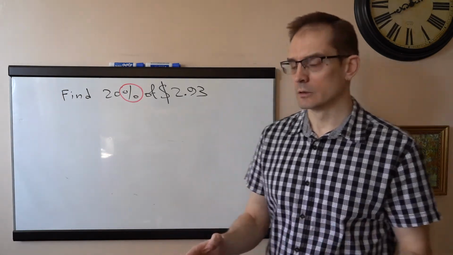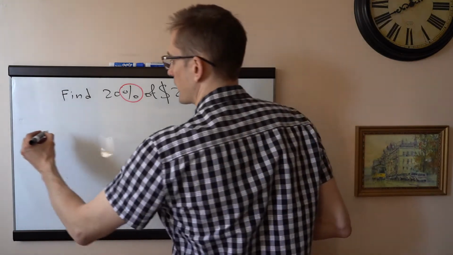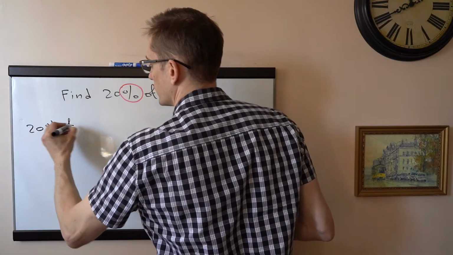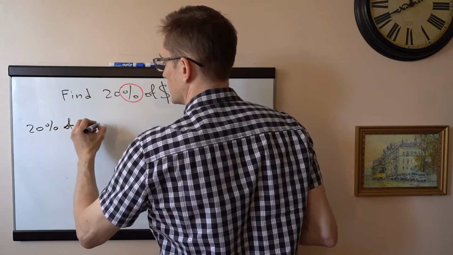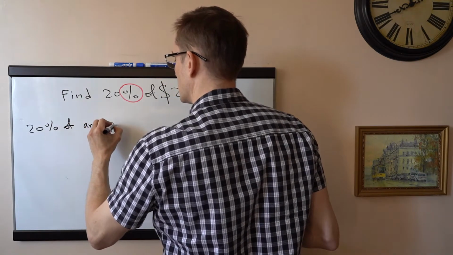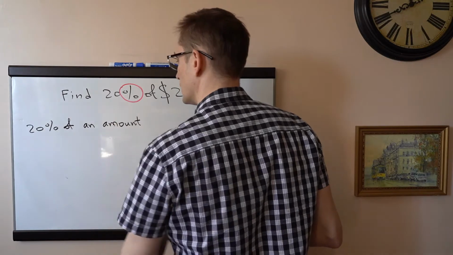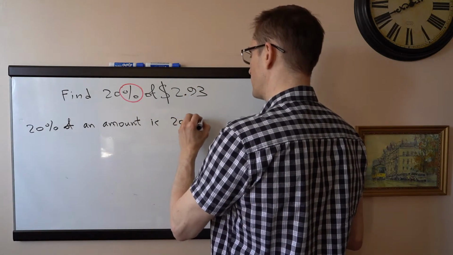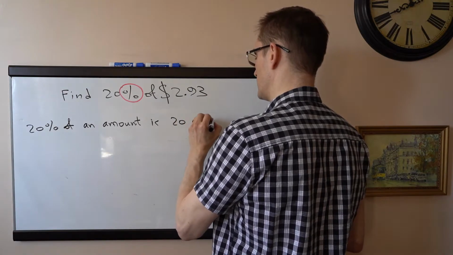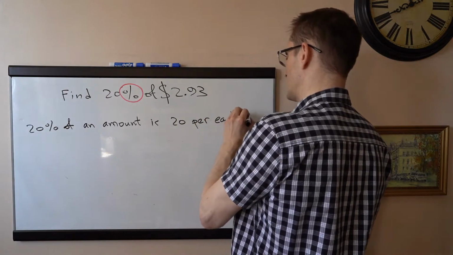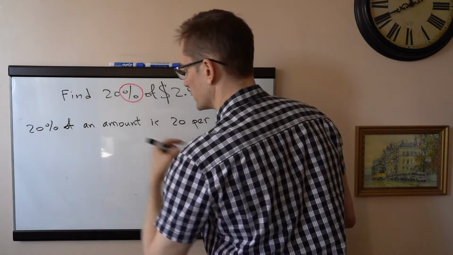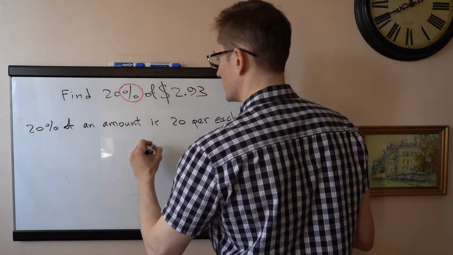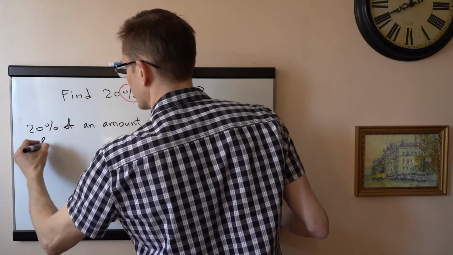But it is still much more helpful to replace the notion of percent as quantity per 100 by the quantity per one. So what I mean by this is: 20% of an amount is 20 per each 100 of the amount.